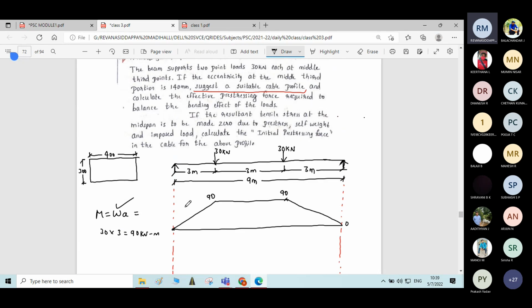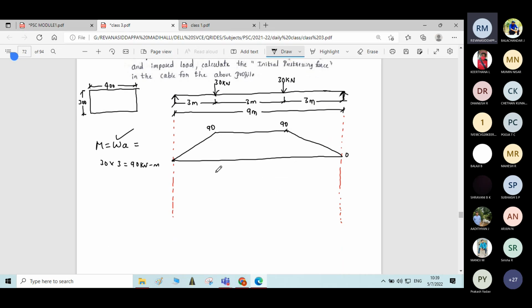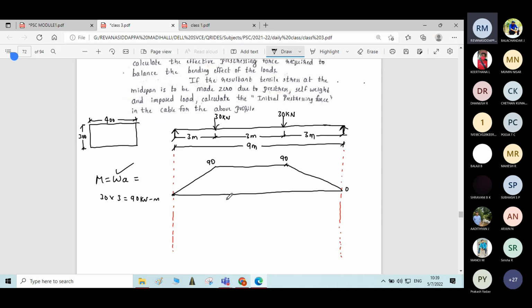Now you can suggest the cable profile, correct? What should be the cable profile now? The cable profile is similar to the BMD, but in the opposite direction.